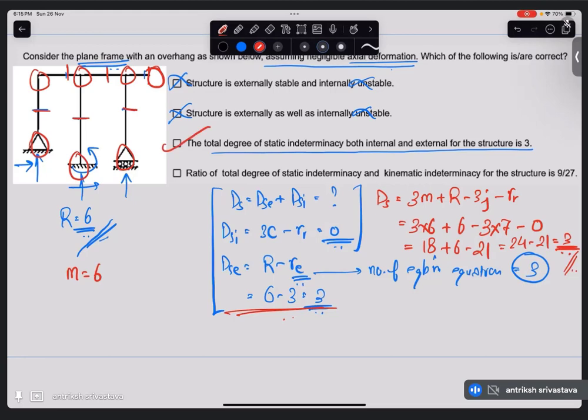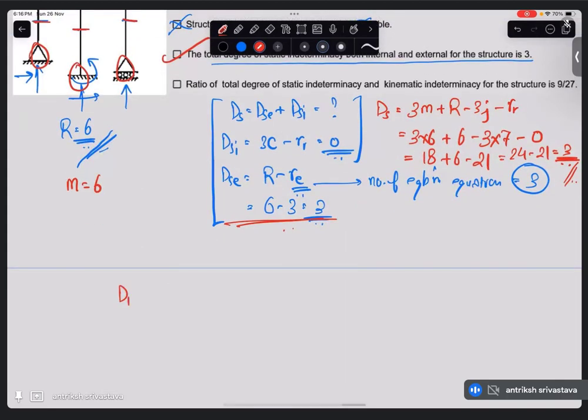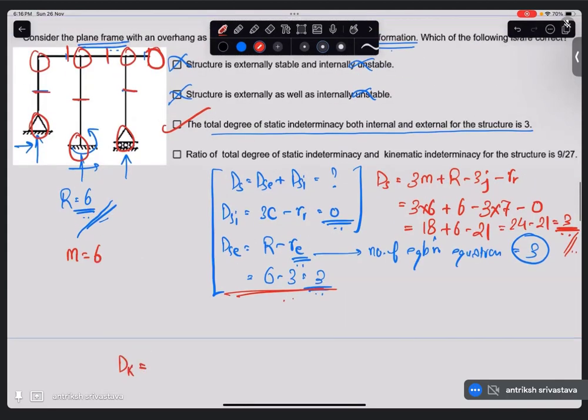The total degree of static indeterminacy, both internal and external, of the structure is 3. Very good. Now the ratio of total degree of static indeterminacy to the kinematic indeterminacy is 9 by 27. So we need to identify the kinematic indeterminacy. For a plane frame, that is a 2D frame, what is the formula?